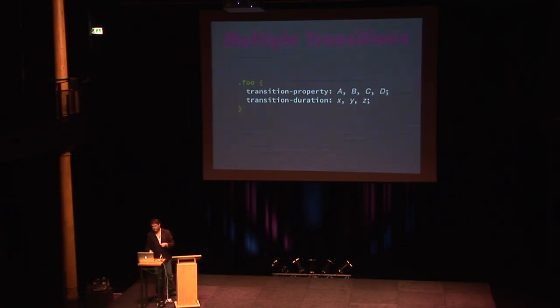If I show you a slightly more complex example, say we've got 4 transition properties, A, B, C, and D, and then we've only got 3 transition durations, X, Y, and Z. What will actually be output is AX, BY, CZ, DX. So D, because there's 4 values, the transition duration will loop back to the beginning again. So it will use X again. So you could actually use that to your advantage, that looping. I've never done it, but you could.